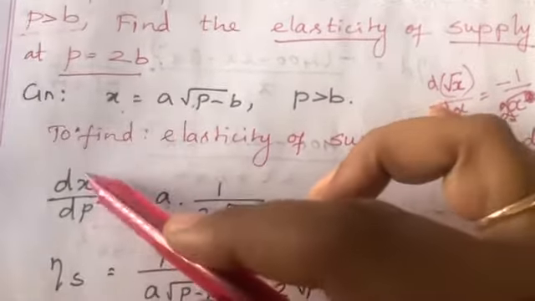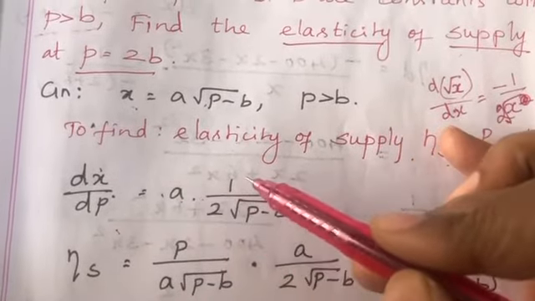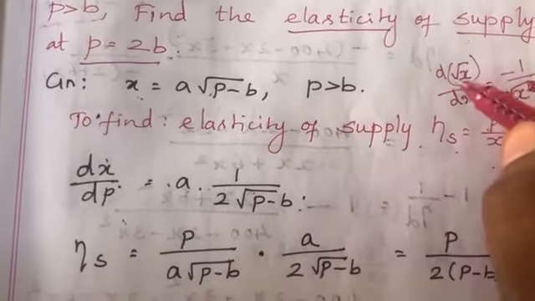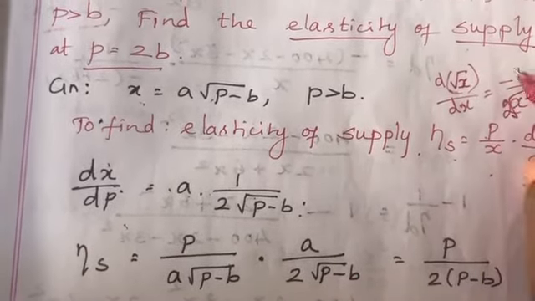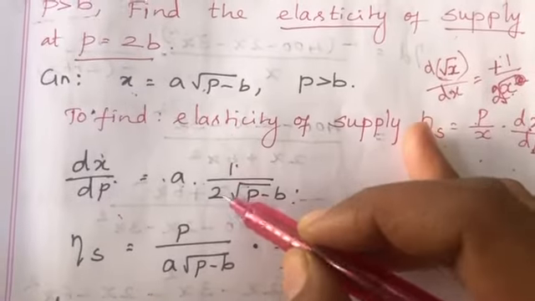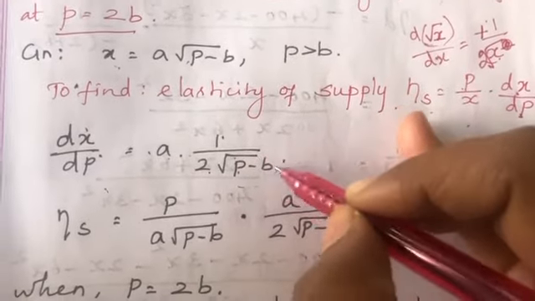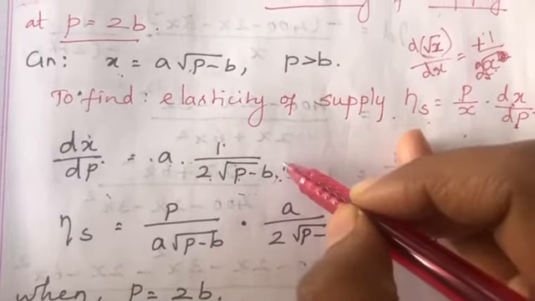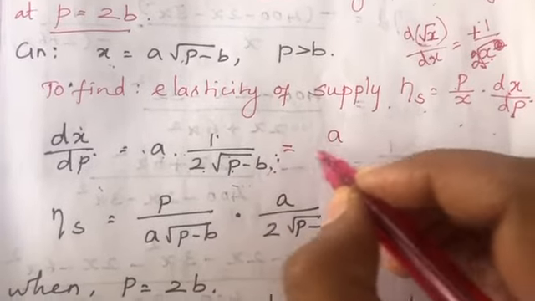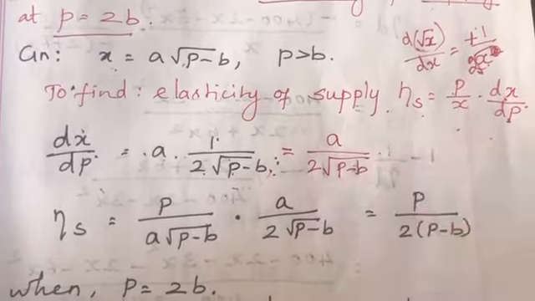So dx by dp is equal to a into 1 divided by 2 into square root of p minus b, because the differentiation of square root of x is 1 by 2 into square root of x. So 1 by 2 into square root of p minus b. Inside, p minus b is there, and the differentiation of p is 1. So that is equal to a divided by 2 into square root of p minus b.